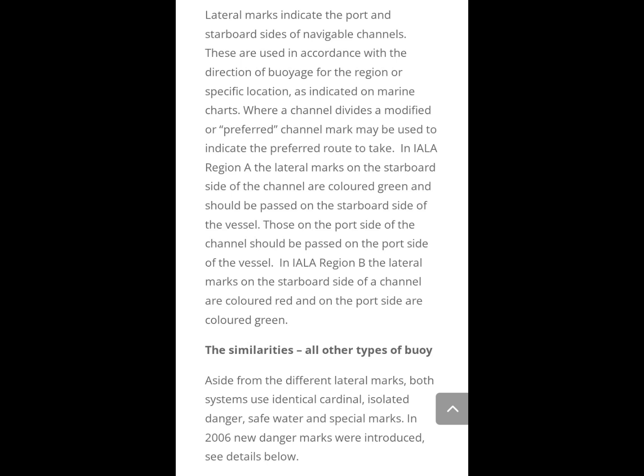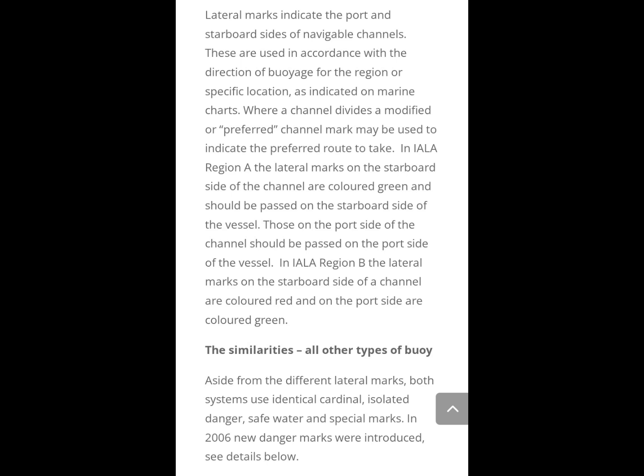In IALA Region A, the lateral marks on the starboard side of the channel are colored green and should be passed on the starboard side of the vessel. Those at the port side of the channel should be passed on the port side of the vessel. In IALA Region B, the lateral marks on the starboard side of the channel are colored red and on the port side are colored green.